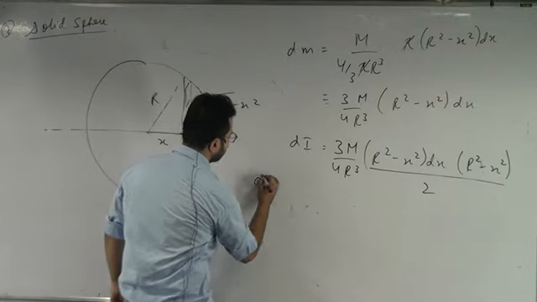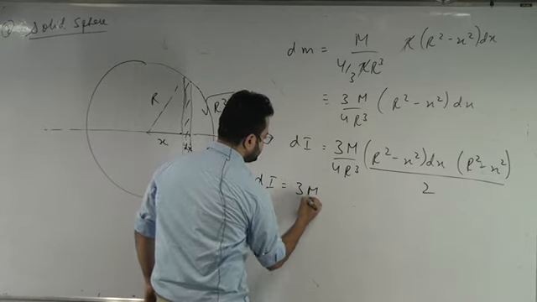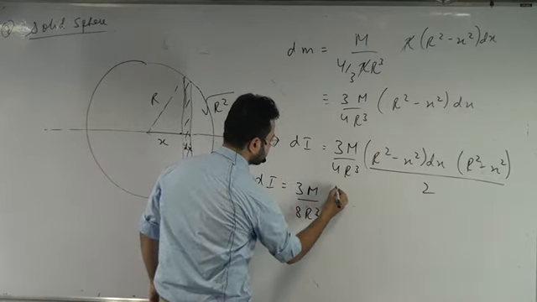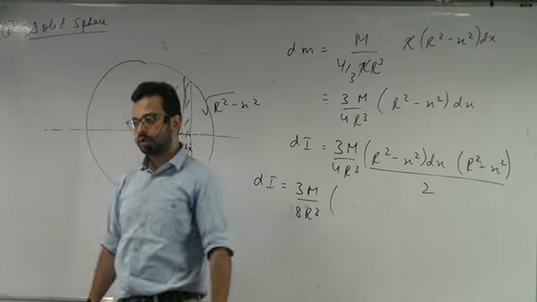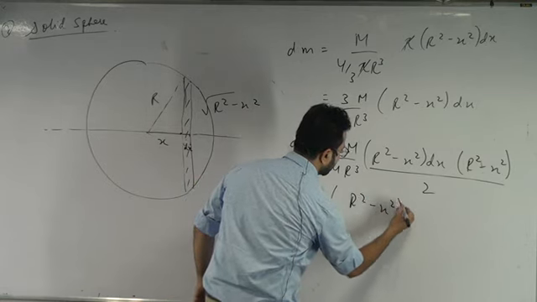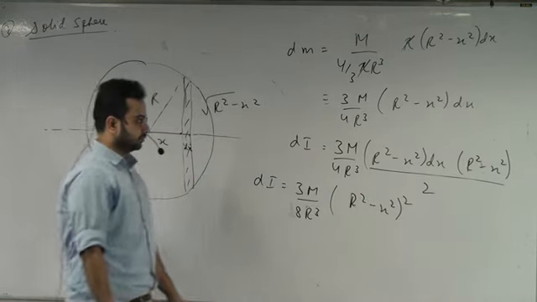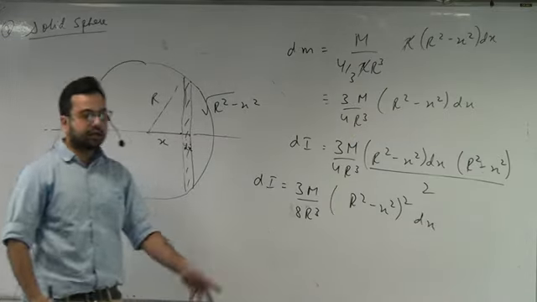So this comes out to be 3m upon 8r cube. And then what do we have? We have r square minus x square और r square minus x square. तो ये कितना हो जाएगा? ये हो जाएगा r square minus x square का square and then multiplied by dx. ठीक है. Now how do we integrate this?